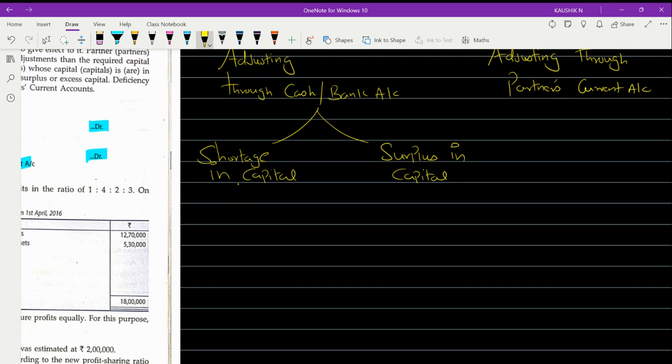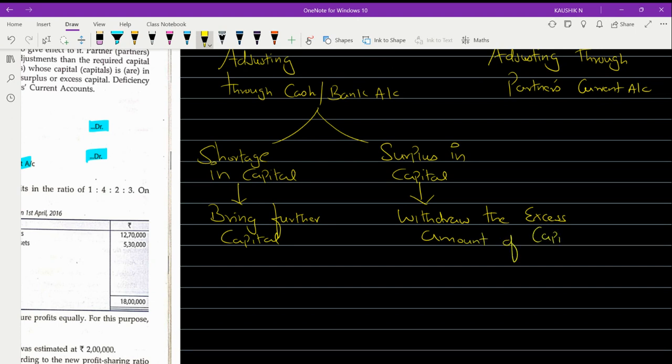If there is a shortage in the capital, you have to bring further capital. For the surplus in the capital, you have to withdraw the excess amount of capital.